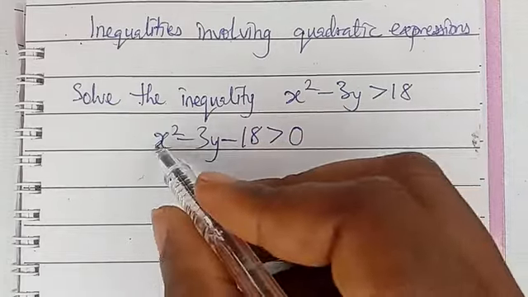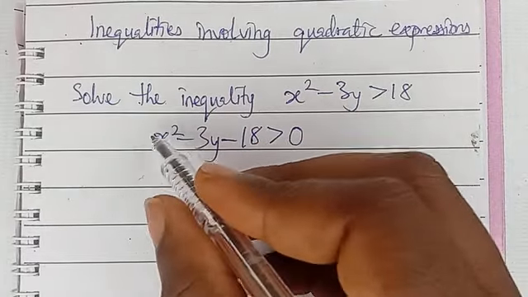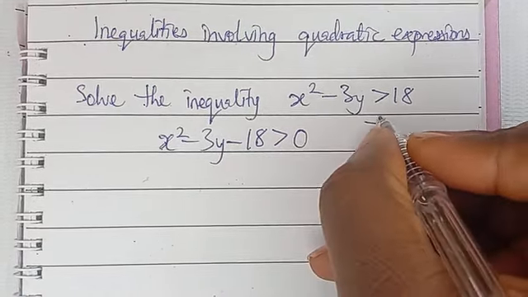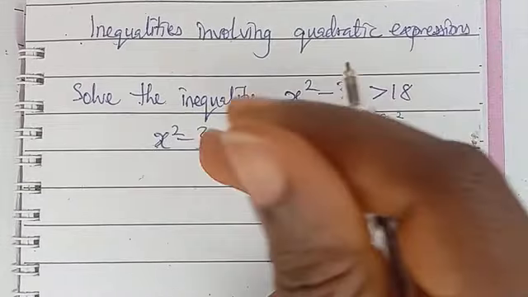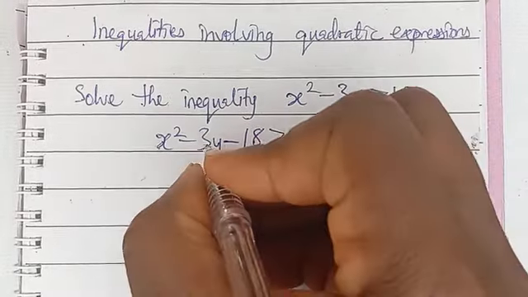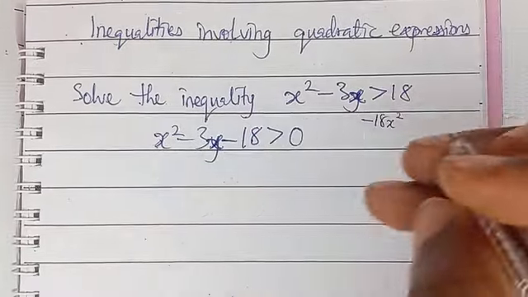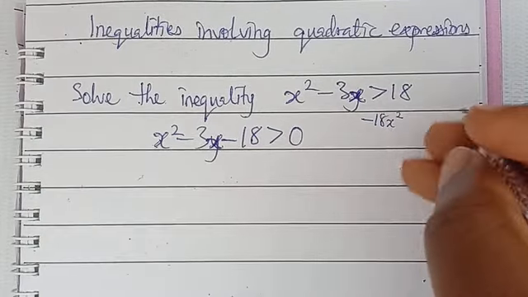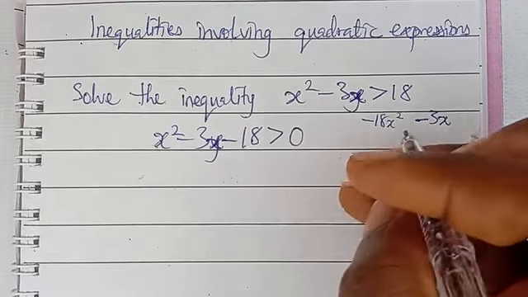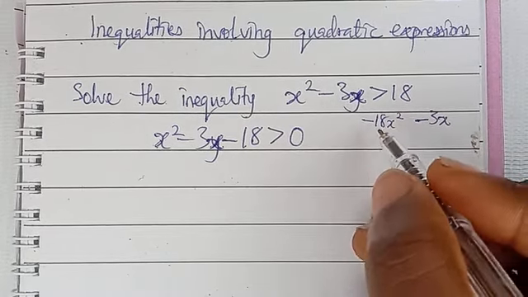So these outside terms, the constant and the squared variable, when we multiply them out, we have negative 18x squared, and then the middle term is negative 3x. Okay, we are looking for two values.